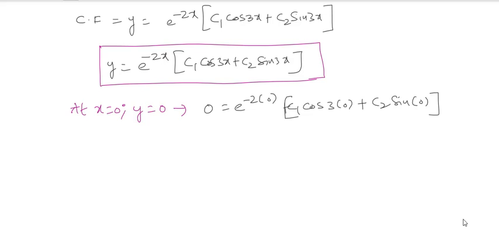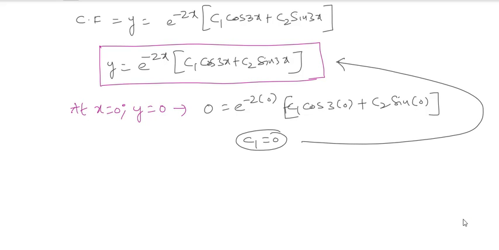Cos 0 is 1, sin 0 is 0, so finally c1 = 0. Substitute c1 = 0 in that, and you will have y = e^(−2x) c2 sin 3x.